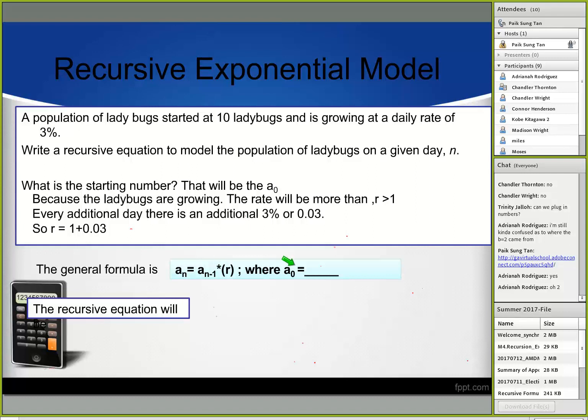And A sub 0 is the initial number of ladybugs, the beginning number.